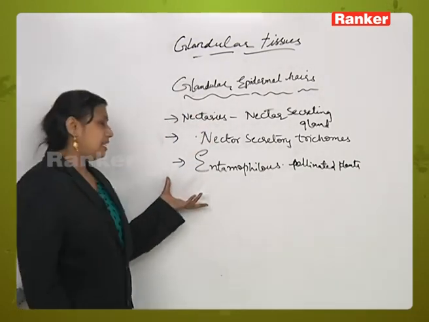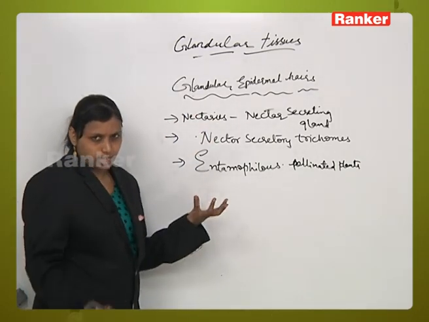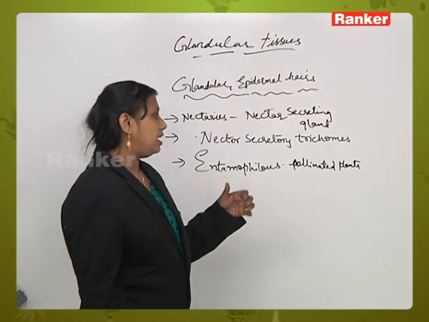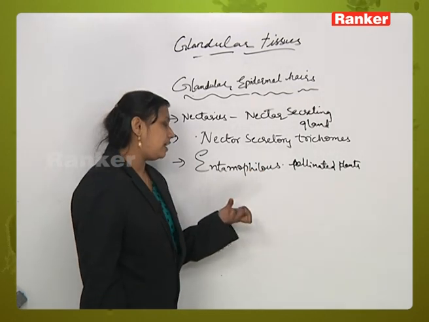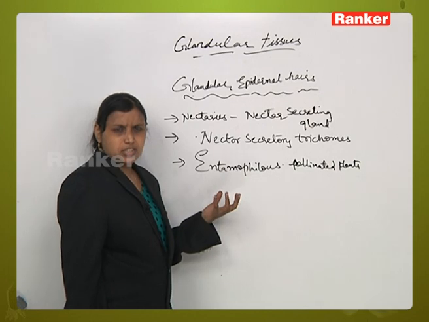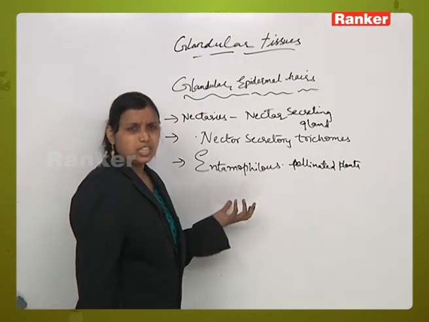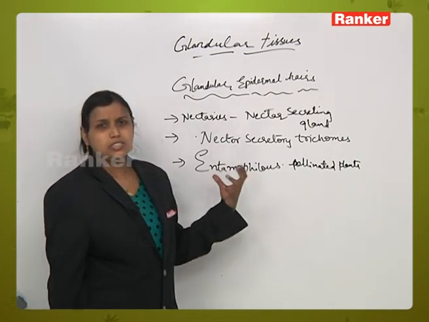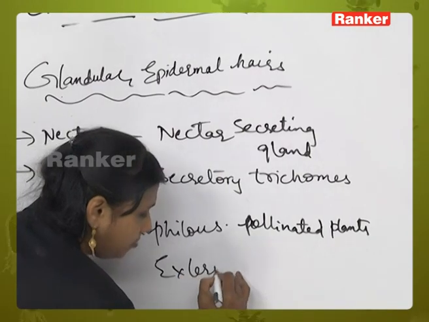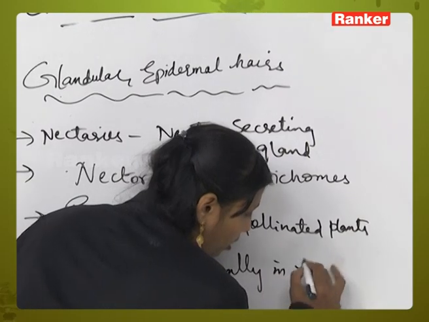These nectar glands, which are helpful for the attraction of insects in pollination, are not present internally, but are specially adapted and located externally in the floral parts.